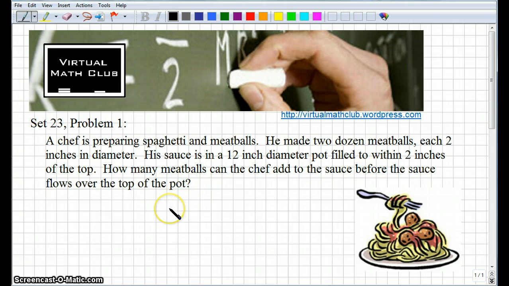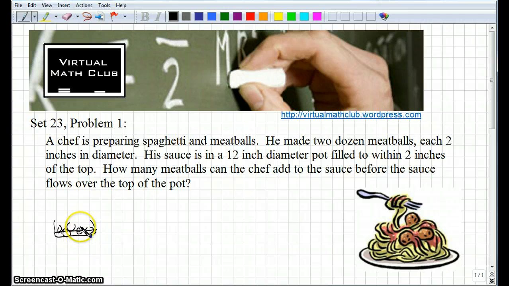And I think we're assuming too that there's enough sauce to cover all the meatballs. If you had a shallow pan with just a tiny bit of sauce in the bottom, and you tried to add 2 dozen meatballs, they may not all just sink down into the sauce. They're going to pile up around the sauce.